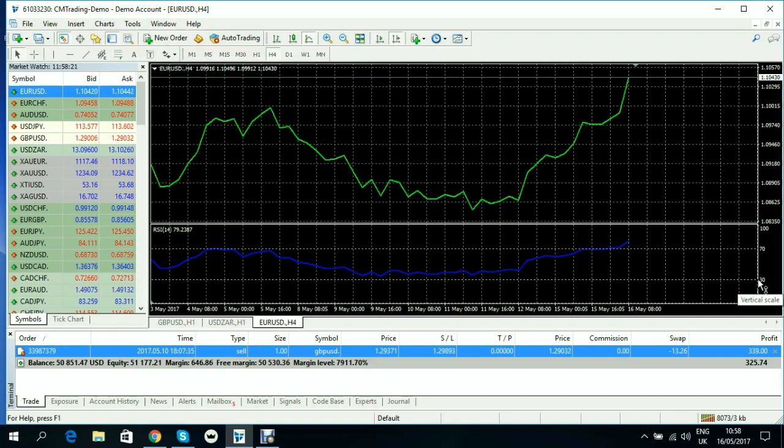That is when the RSI drops below 30, or if it is overbought, that is when the RSI moves above 70. That is the primary goal for RSI.